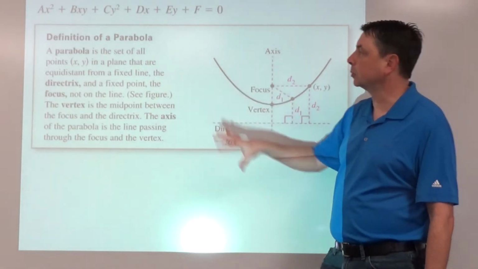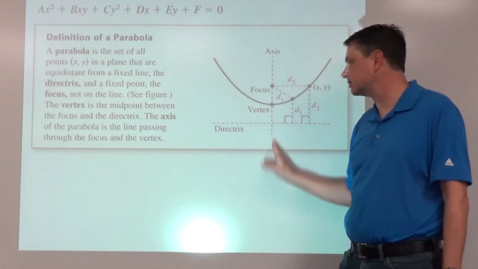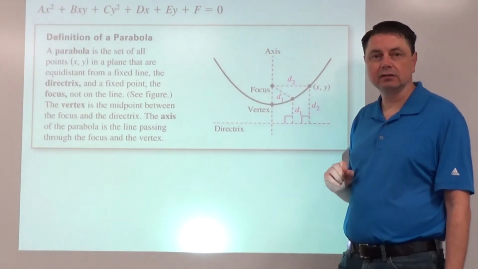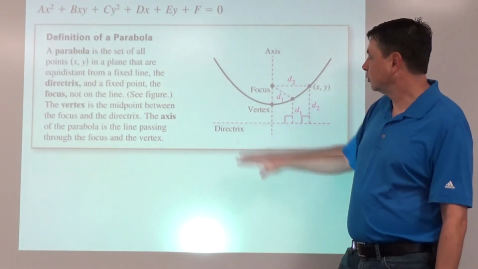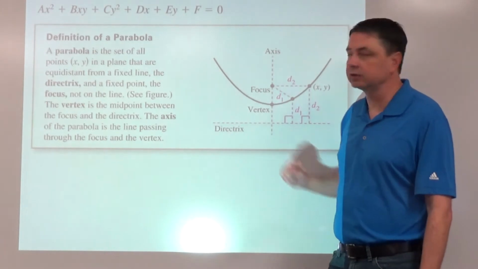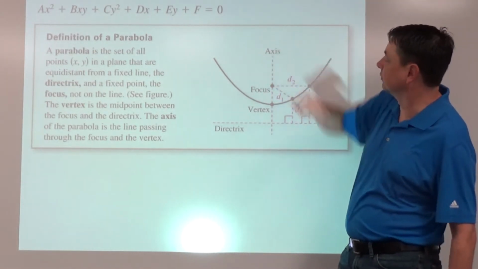So the definition of a parabola in a conic section sense is that we have our axis of symmetry and we have our vertex. That's true back when we were thinking of parabolas in terms of functions. We have this line, the directrix, which is always going to be perpendicular to the axis. And we have a point on the axis called the focus.